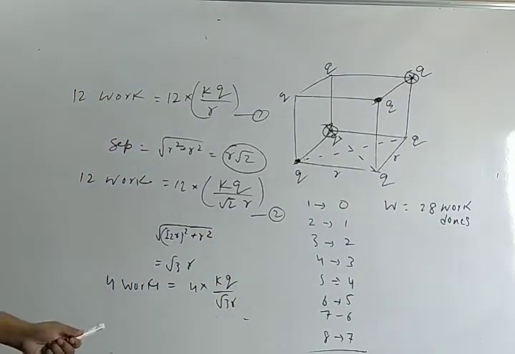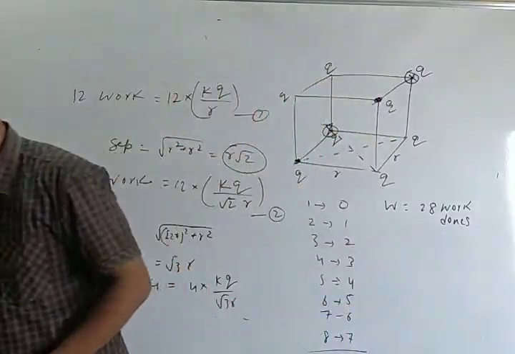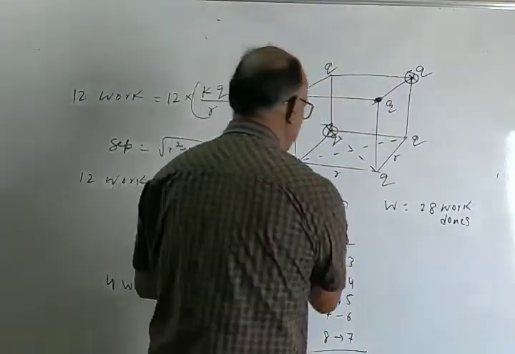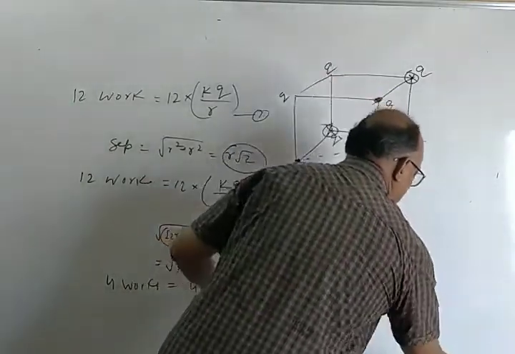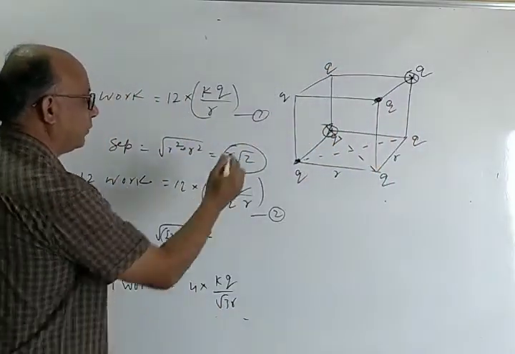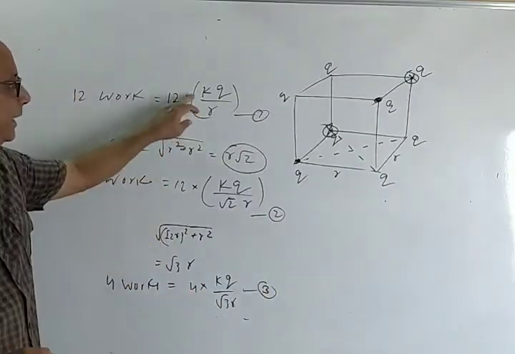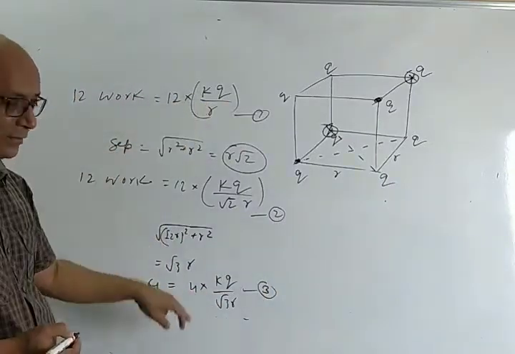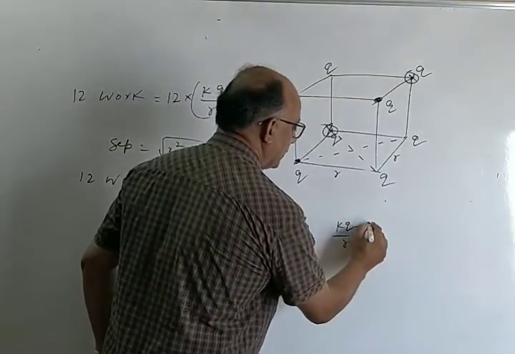So what is the electric potential energy of this system? In this situation, the total potential energy will be the sum of equations 1, 2 and 3. KQ square upon R is there everywhere. So KQ square by R is taken as common.